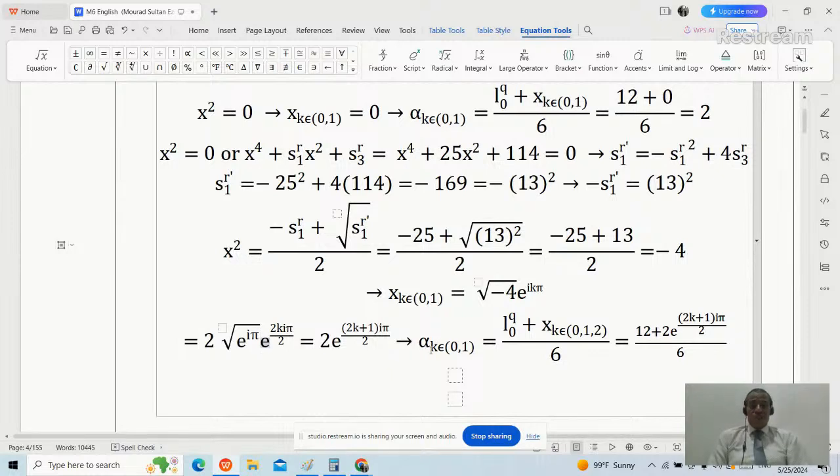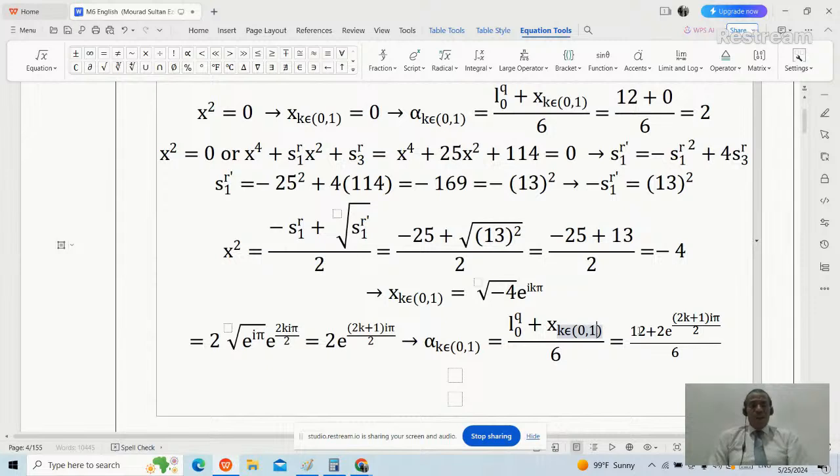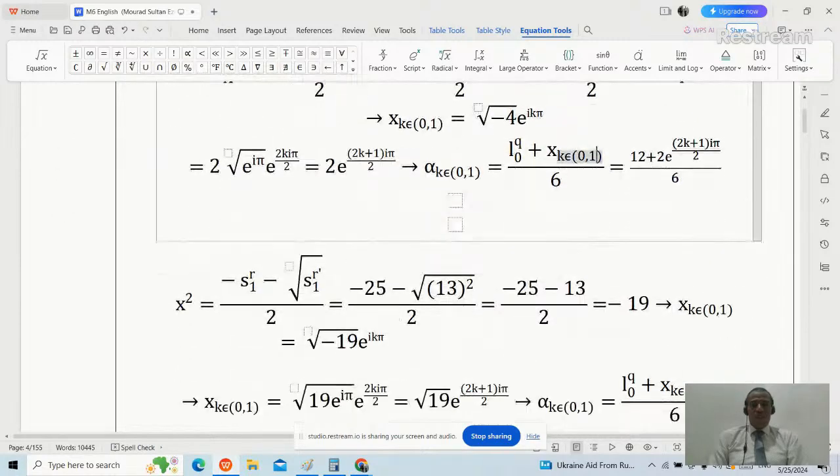Now the two roots are alpha_k, k belongs to {0, 1}, equal to L0 of all the q plus x_k, of course this is 1 only, not 2, which is 12 plus 2 times this one, over 6. Clear? This also gives 2 complex numbers. So now I have finished solving this equation.